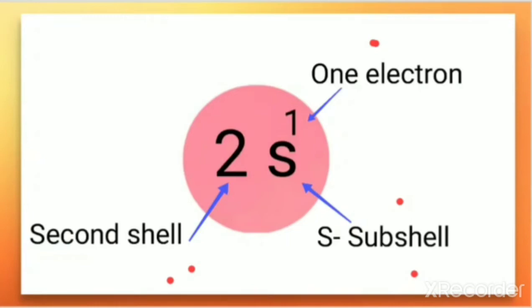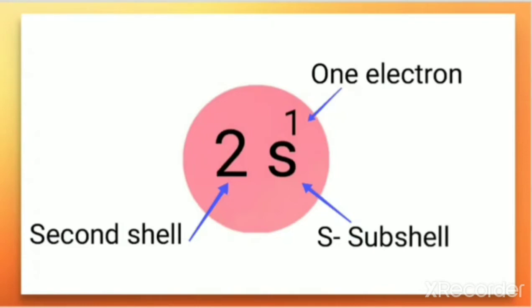Second shell means it is the second principal shell, or we can say second orbit. So in this way this type of notation helps in understanding the number of electrons, the principal quantum number and the subshell.